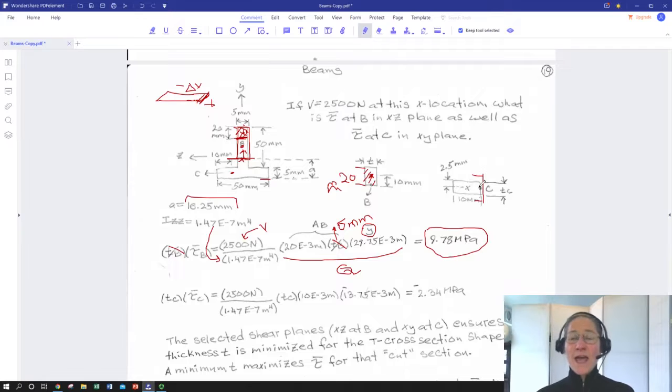But when we look at our y position of C, we're still going to reference it on the y-axis to the centroid of our entire cross-section. So even though the cut plane that we're going to relate to is in a different orientation, we're still looking at our positions on the basis of how far they are along that y-axis.